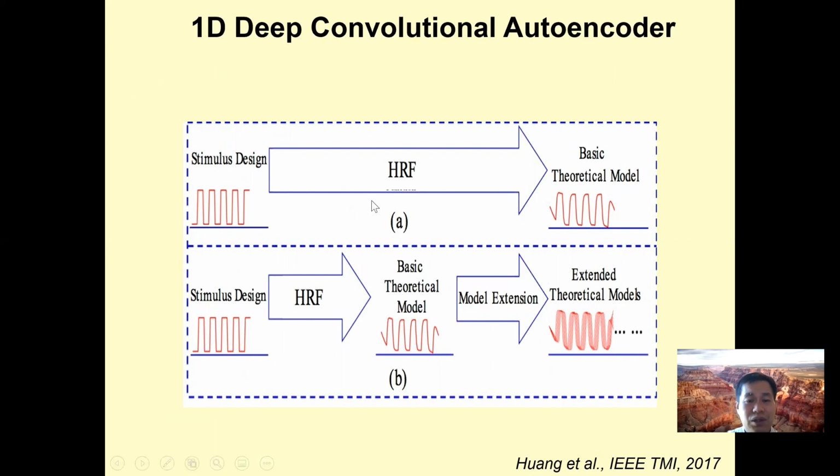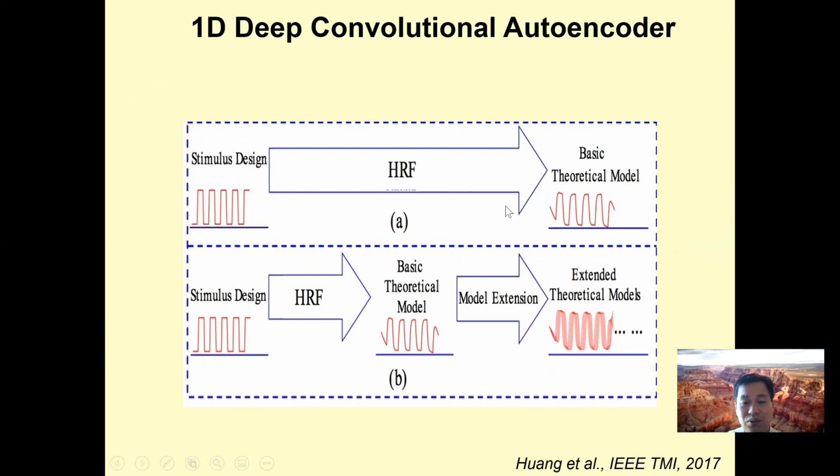So we use another quantitative approach that is called fMRI filter extension. Say we have the stimulus input, which is the stimulus design. When you do the fMRI, you have ups and downs, which is the traditional block design. Then you use the hemodynamic response function to convolve the input. And then you have different theoretical models.